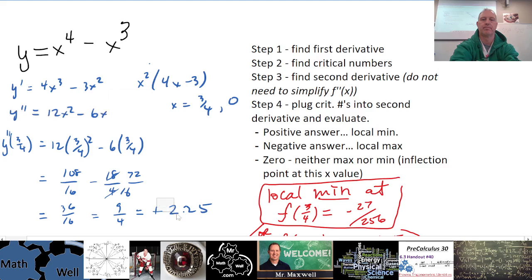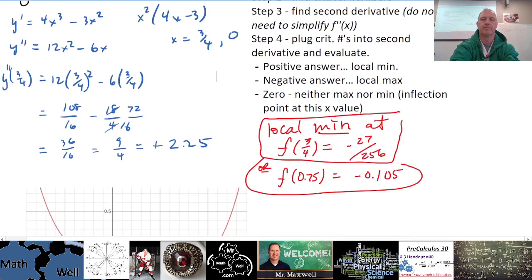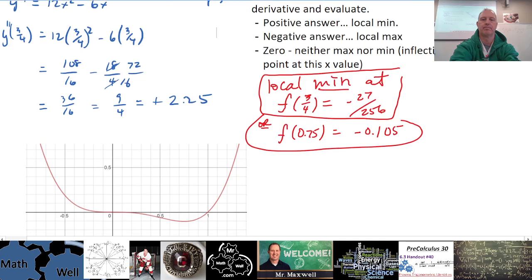So at 3/4, in this case, we have a positive value, so that's a concave up. That'd be a local minimum here. And at 0, I guess 0 is just 0 as well, so there's nothing there. And here's the graph. So very similar to the one we just did. Local min over here, and no local min over here.